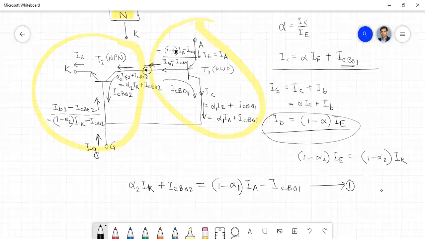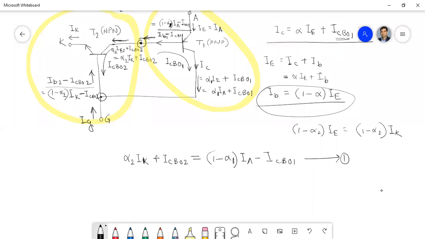Now another KCL I will apply over here. So what you will get? First incoming current is IG. Second incoming current is this current, that is alpha 1 IA plus ICBO1.